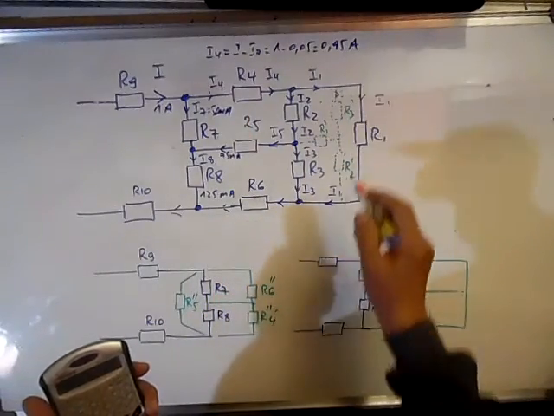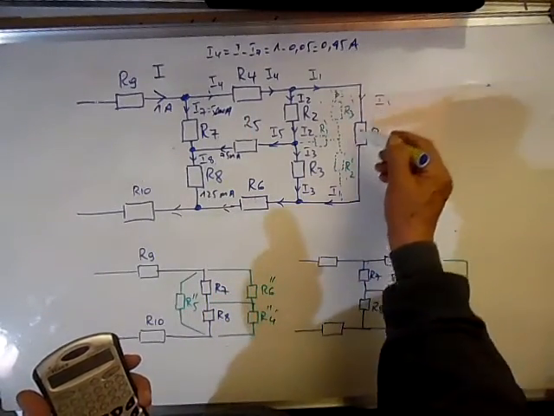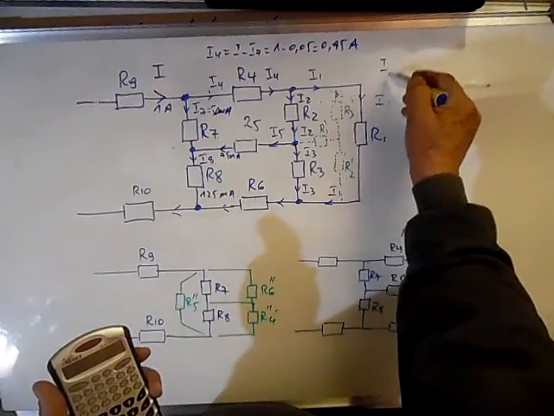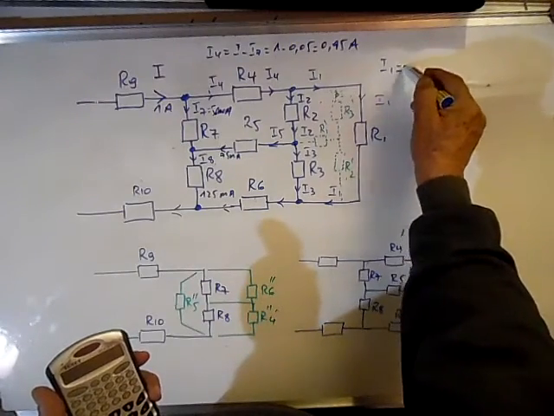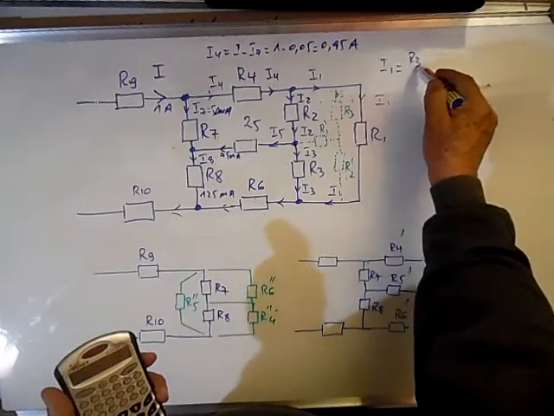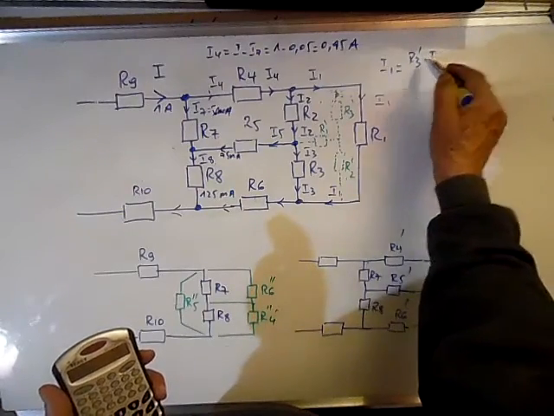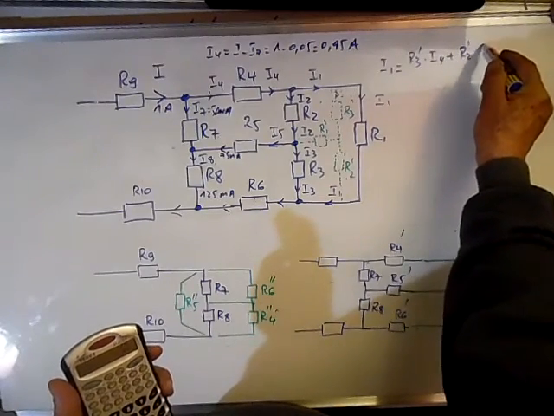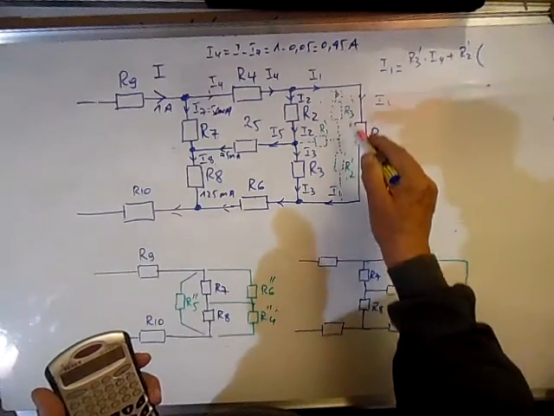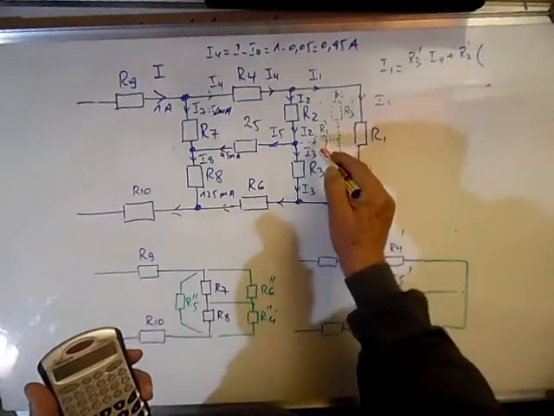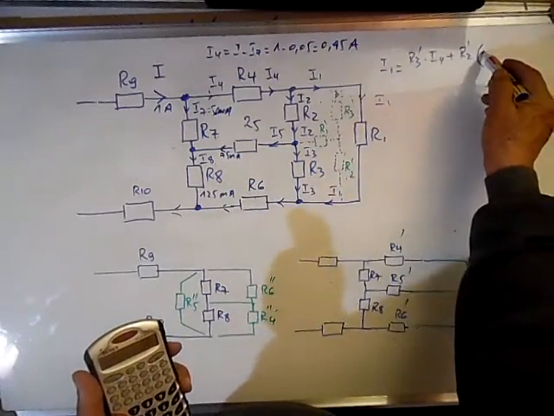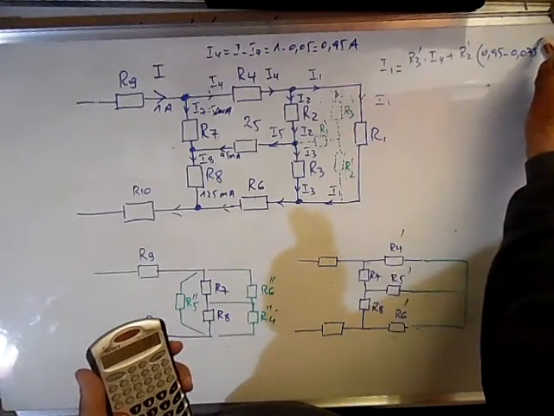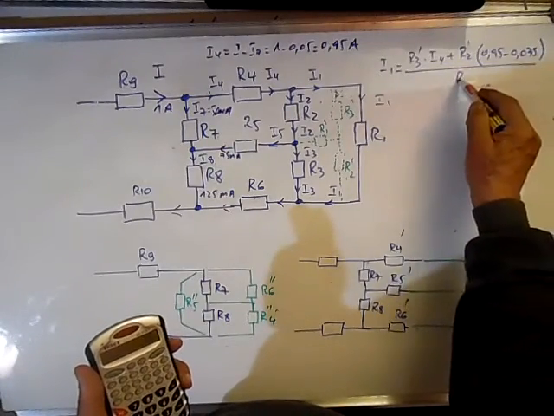Knowing I4, we can calculate I1. IR1 is the drop in resistance R3 prime times I4, plus R2 prime times the current that flows here, which is this current minus 0.075, over R1.